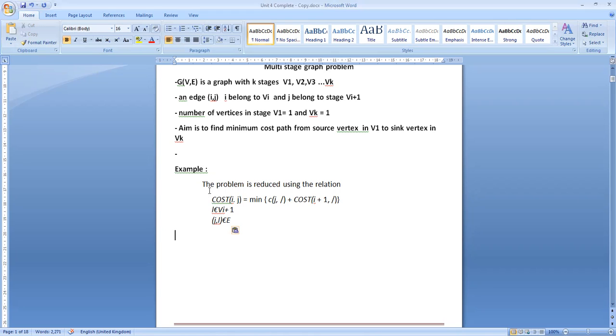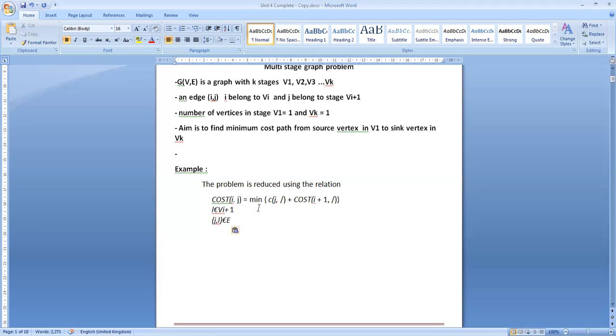Now, what does this relation say? Cost of (i, j), the cost from the vertex j in stage i, is nothing but the minimum of the cost of (j, l). Here i means the stage number, j means a particular vertex in the stage i.